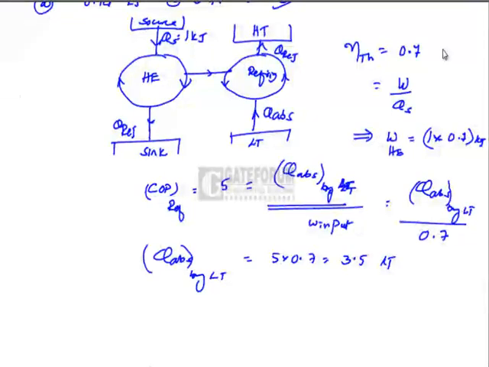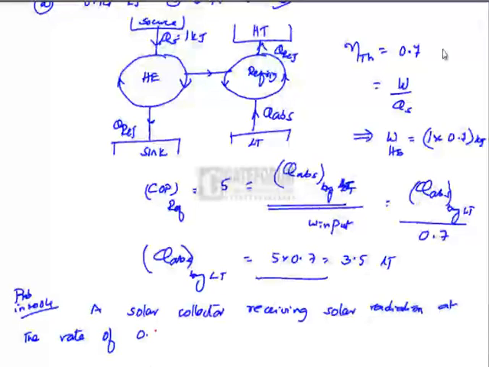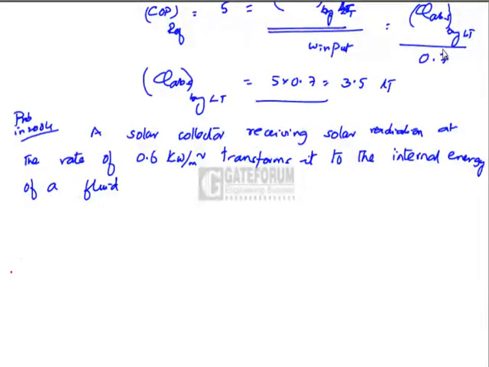In the same GATE 2004 paper, another problem is given as: a solar collector receiving solar radiation at the rate of 0.6 kilowatts per meter square transforms it to the internal energy of a fluid at an overall efficiency of 50%.